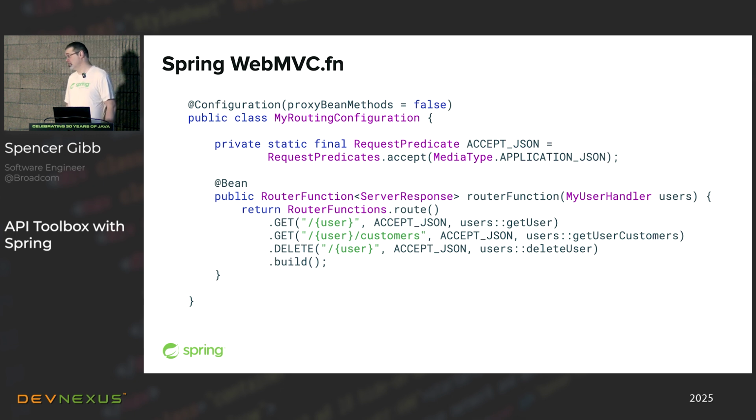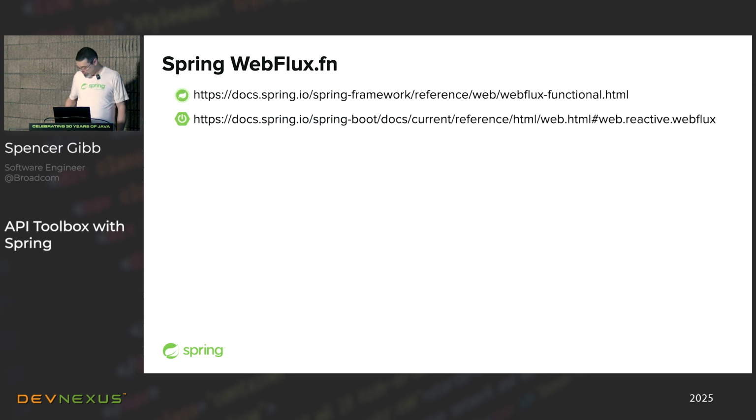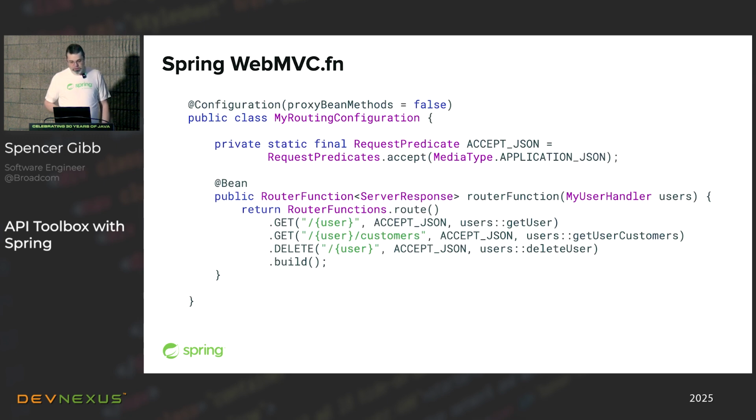Essentially this is the same API that I showed previously in the annotation method. So you can see the different HTTP methods, and then in this case, we're passing a method reference that actually handles those requests.